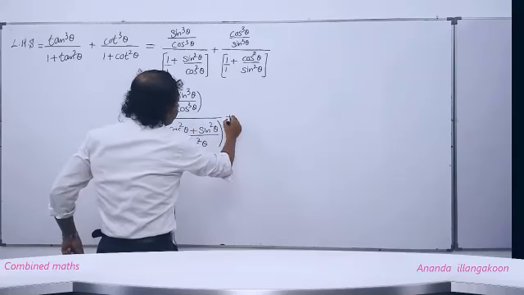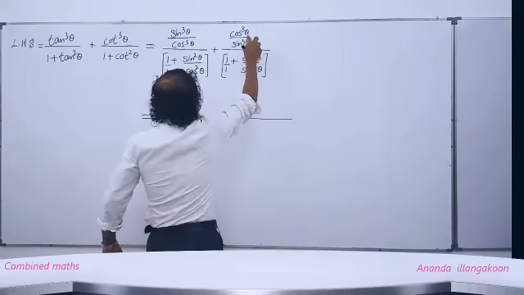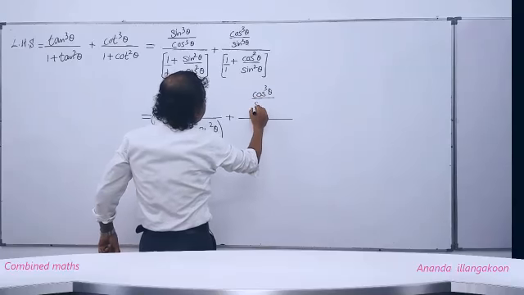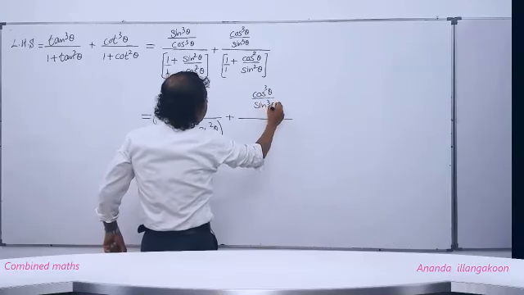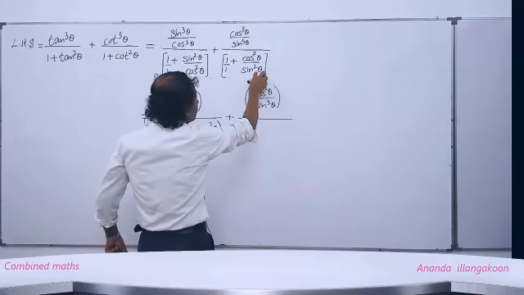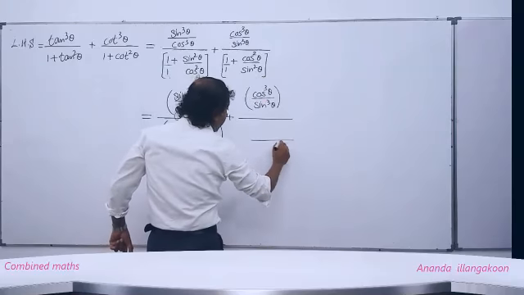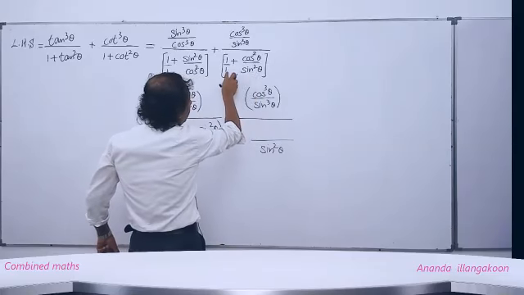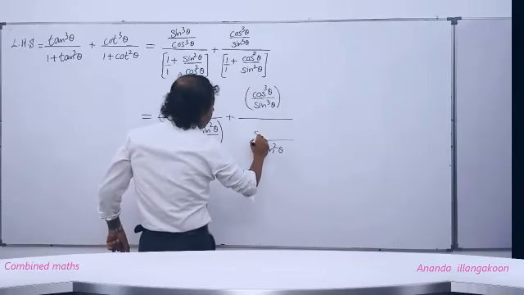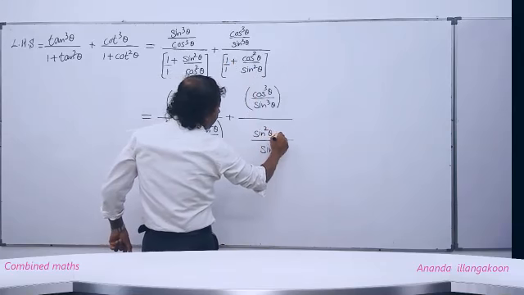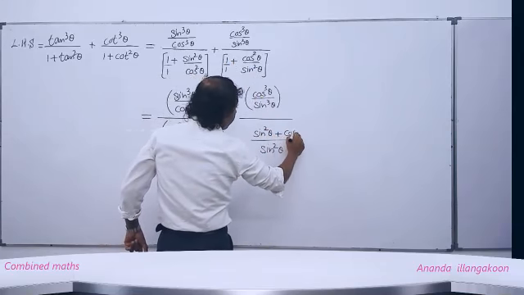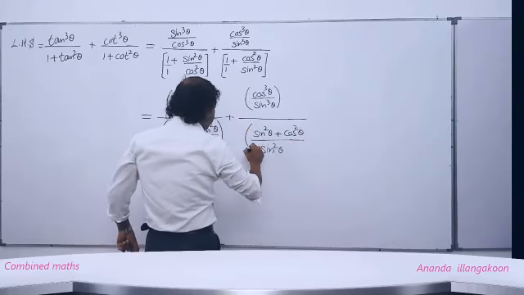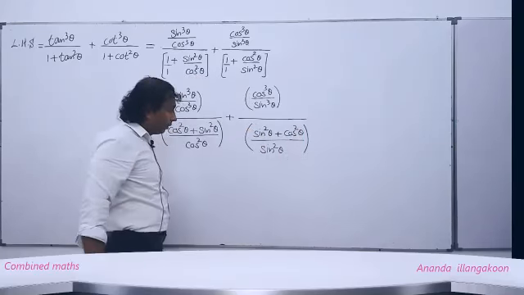And here also, people, let's take the common denominator as sin squared theta. Whenever we take this sin squared theta as the common denominator here, this one should be multiplied by sin squared theta, plus cos squared theta. Right.